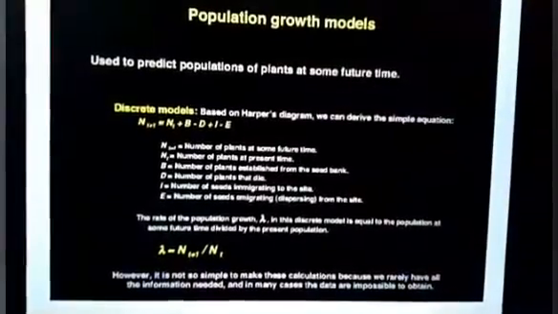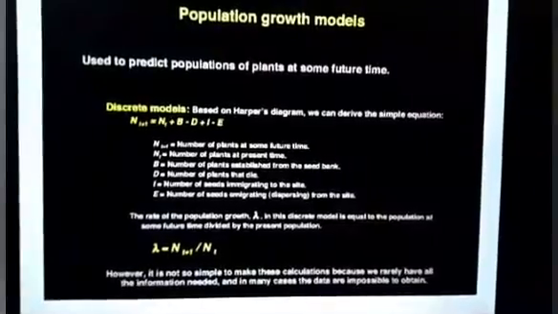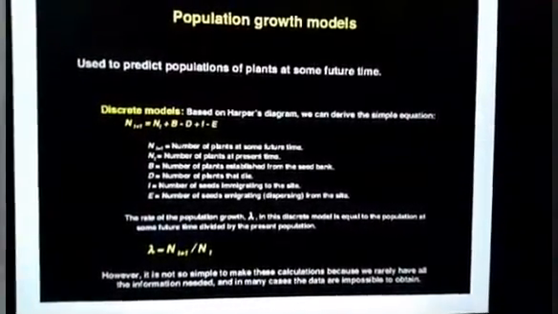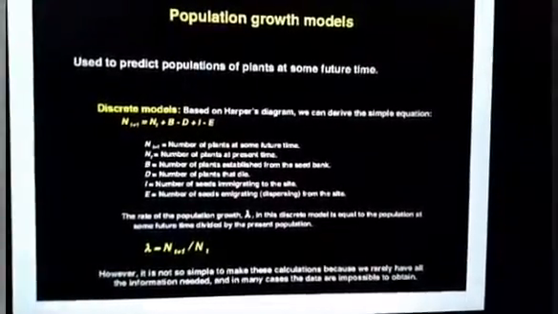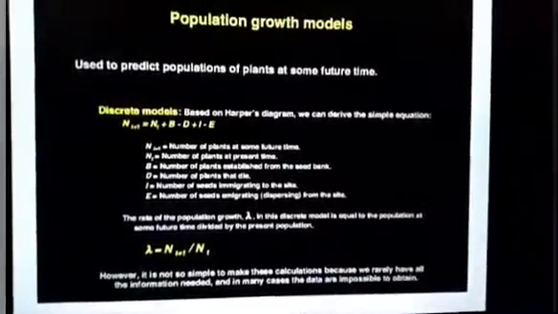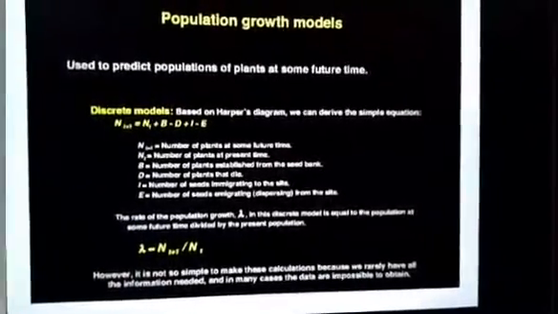Then we have what we call population growth models, which are used to predict the populations of plants at some future time. We have the discrete models.